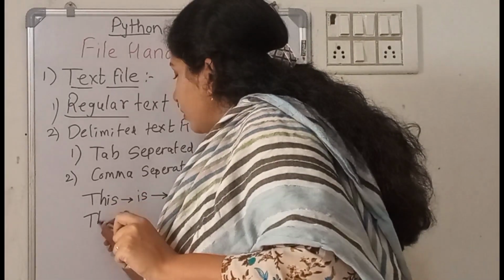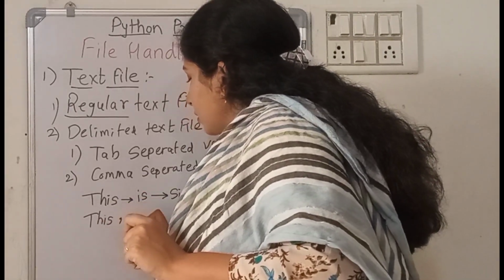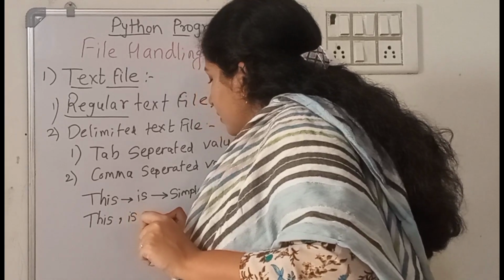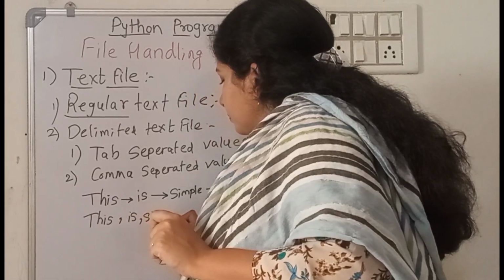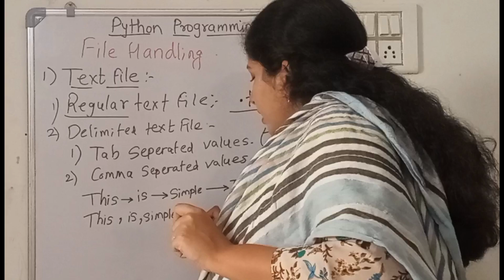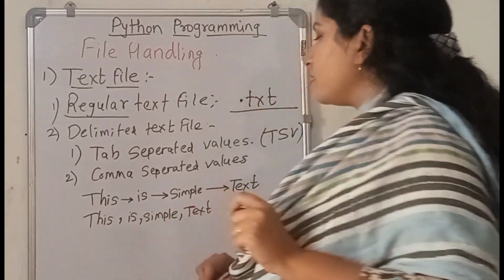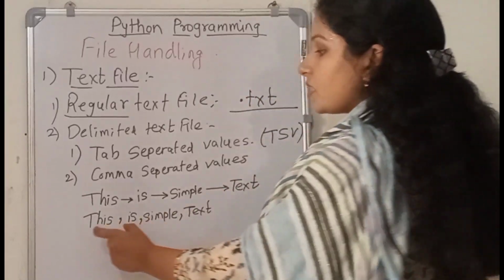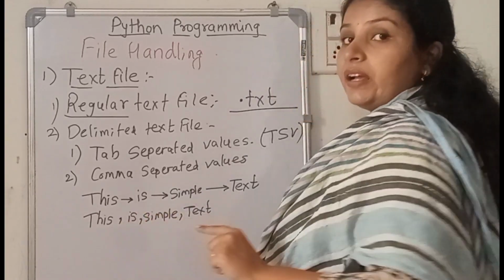So your sentence will be this is simple text. This is your comma separated values. That means all words are separated by comma.